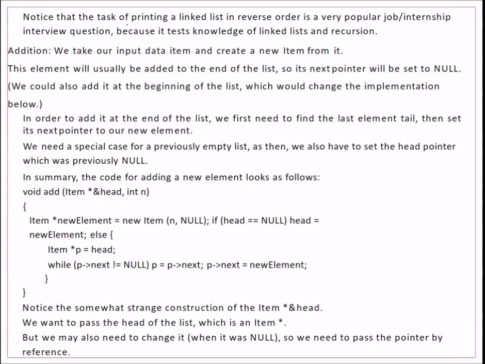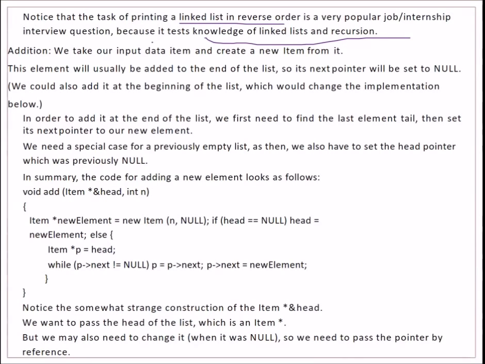The task of printing a linked list in reverse order is quite a popular interview question. Why? Because it tests knowledge of linked lists and recursion. So most of the time, asking how to reverse or how to traverse a linked list in reverse order is a very commonly asked question.